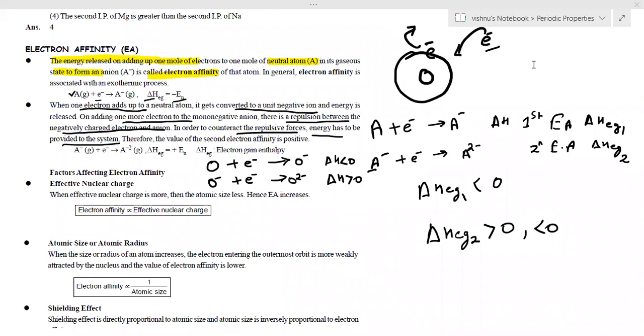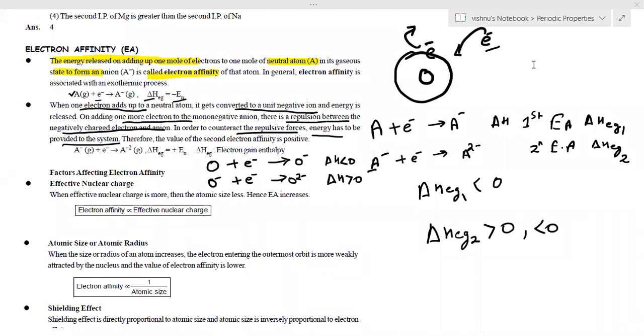Now, this is the basic definition of electron gain enthalpy or electron affinity. Now, on what factors does it depend? It also depends on your effective nuclear charge. Obviously, if the atom has more tendency to attract electrons, it will try to accept electrons, hence the energy released would be more.